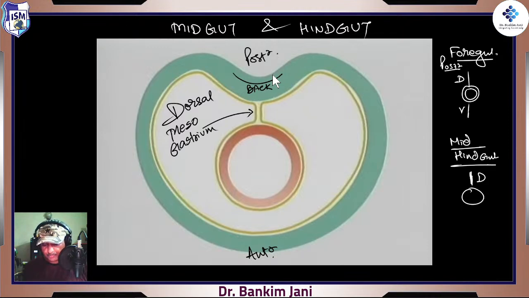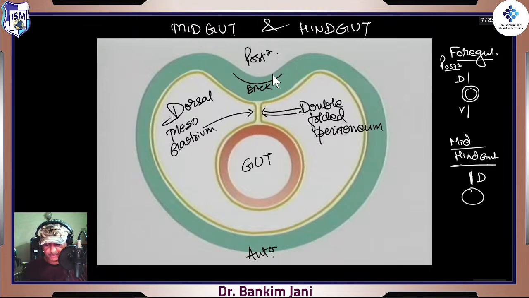Now, if you watch carefully, this mesogastrium is what? It is a double folded peritoneum. Do remember this, that all these double folded peritoneums will be carrying some specific importance. So this is double folded peritoneum. This one would be the gut.